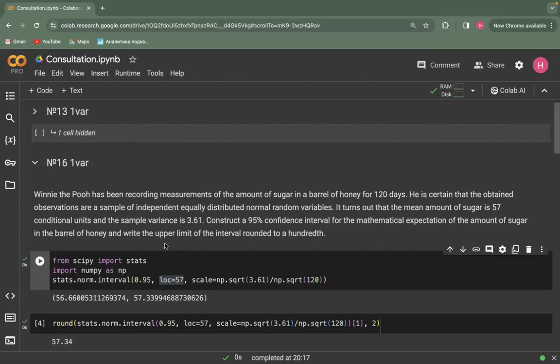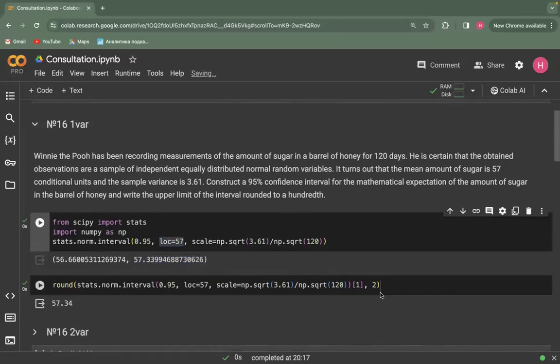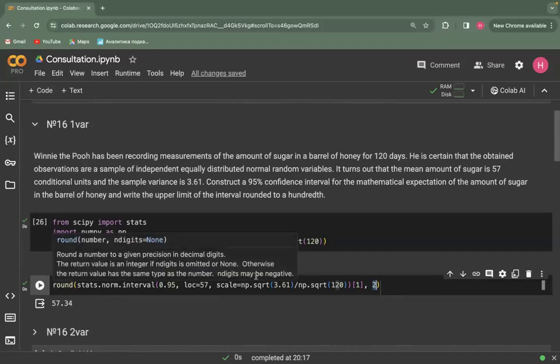In the task we have to find the upper limit, so it will be 57 dot something. We have to take only 2 digits after the dot, and we just run this function.